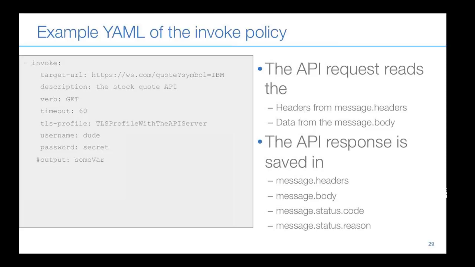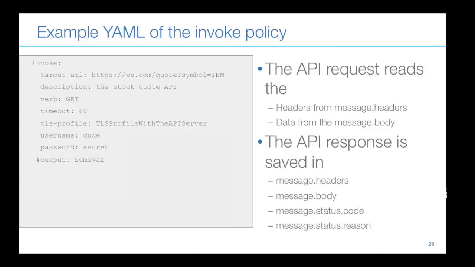The invoke policy writes the API request with the headers and body that are read from the two context variables, message.body and message.headers. Therefore, users should populate the body and headers that are going to be sent to the API server before execution of the invoke policy. When the API response returns, the invoke policy saves the header, body, status code, and reason phrase in four context variables respectively.